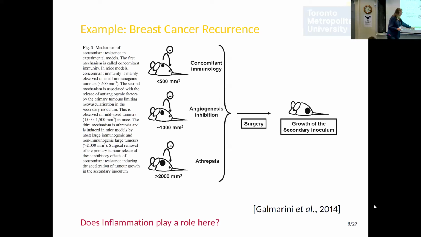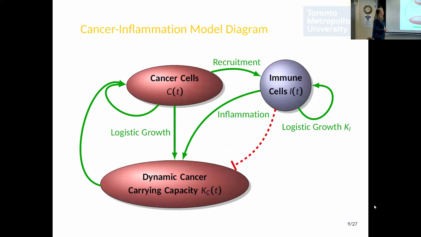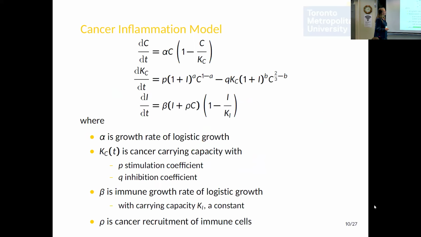And so one of my questions is what role can inflammation play in this concomitant resistance idea? So here's the model that we have: cancer cells with a dynamic carrying capacity, and immune cells. The immune cells are only doing pro-tumor things, so through inflammation they promote the growth of the carrying capacity, basically through growth of blood vessels.